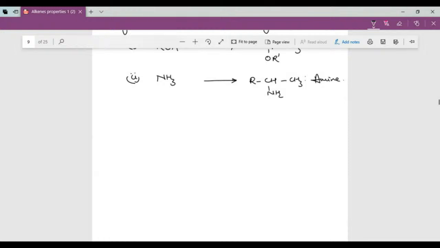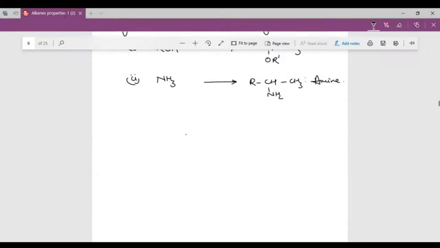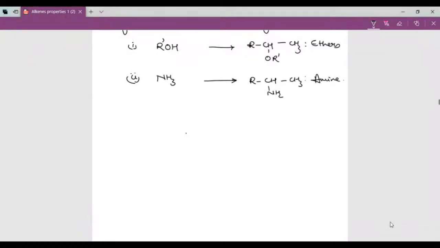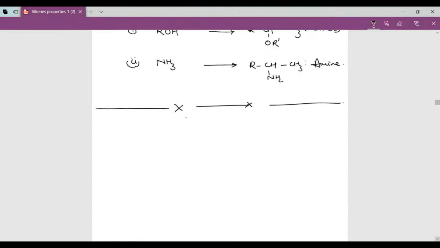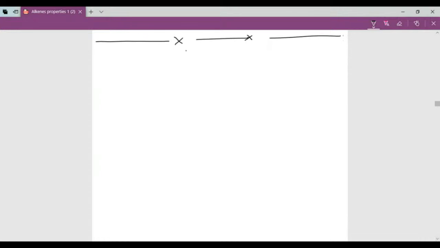Is that okay? So let us move further. Next, from oxymercuration-demercuration, we are heading to our third foremost and very important reaction called ozonolysis.